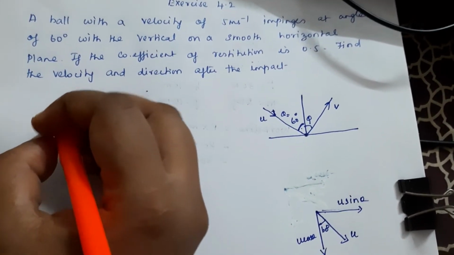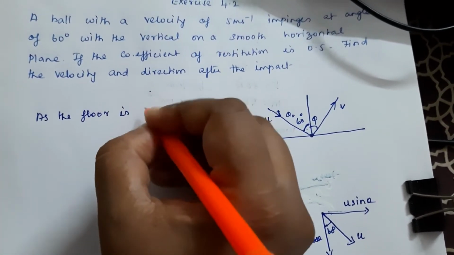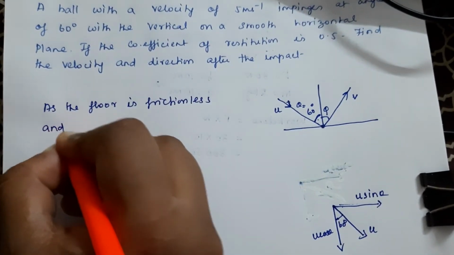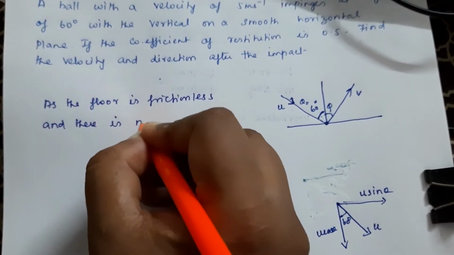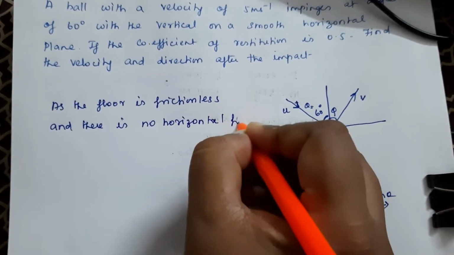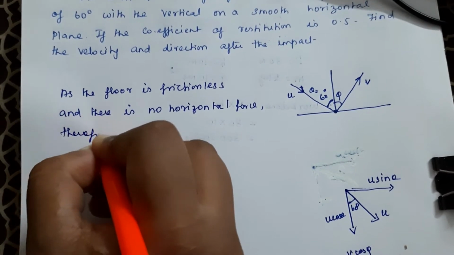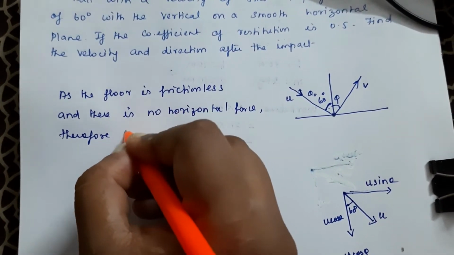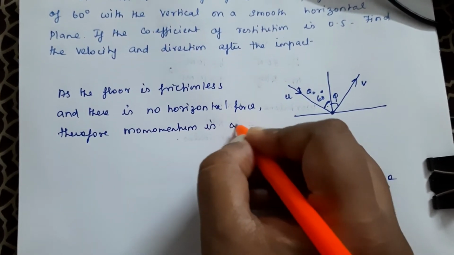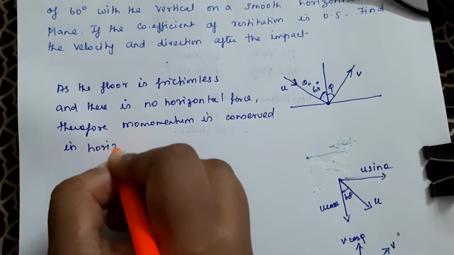So as the floor is frictionless and there is no horizontal force acting, therefore the momentum is conserved in the horizontal direction.